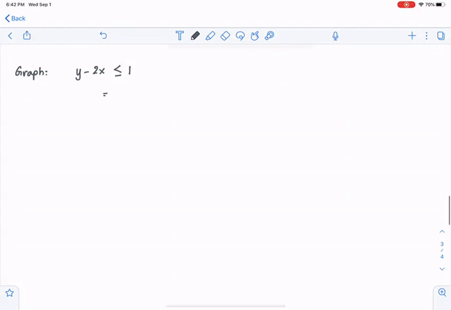So the very first step would be y minus 2x less than or equal to 1, followed by y. Move that 2x to the other side, or simply add 2x on both sides. So y less than or equal to 2x plus 1. And now you would know the line that you have to sketch, and that line is 2x plus 1.